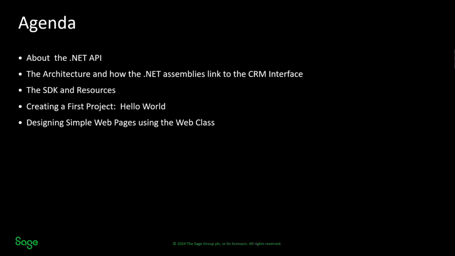We'll see how we invoke and call the .NET APIs within the context of the user interface. We'll look at the resources that are available to us in order to both learn and use the .NET API, and we'll go through with you now how to create a first project, so a hello world.